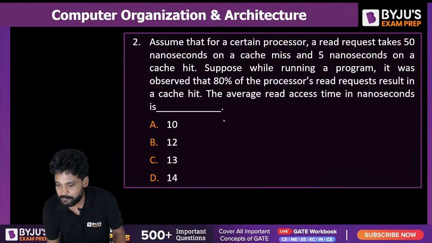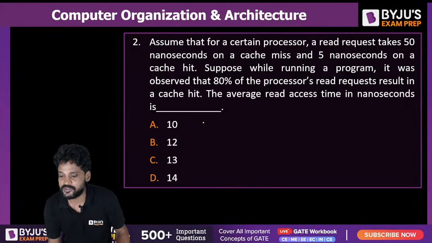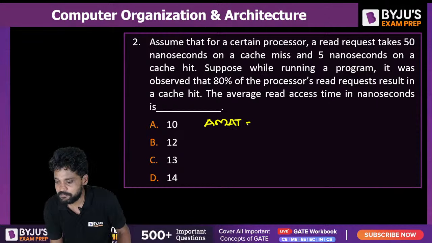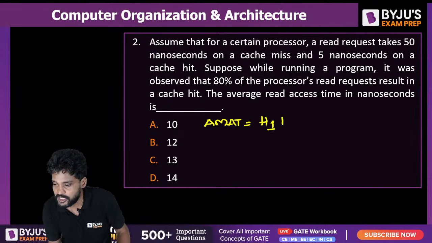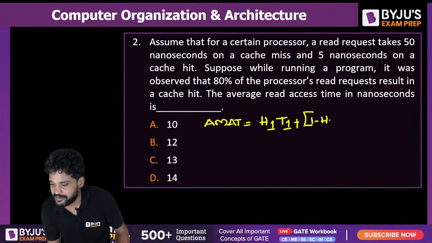We just need to plug in the values according to the one level cache rule. That is, AMAT for a one level cache is simply equal to H1, the hit rate of the level 1 cache, into T1, the access time of the level 1 cache, plus (1 minus H1), the miss rate of the level 1 cache, into (T1 plus T2).